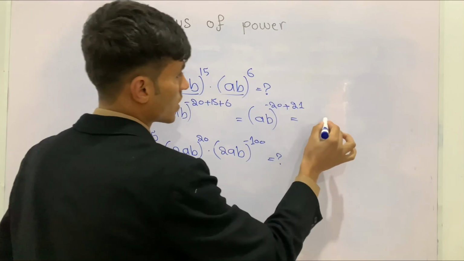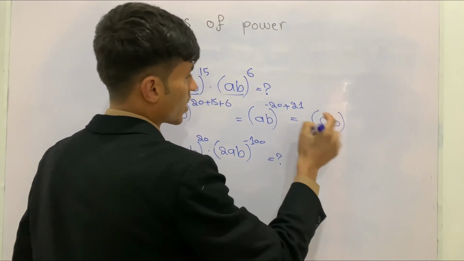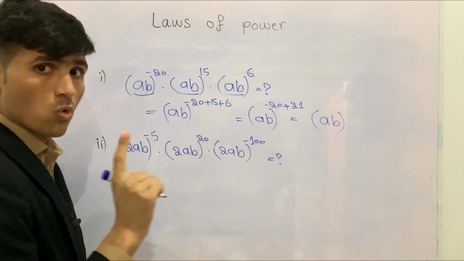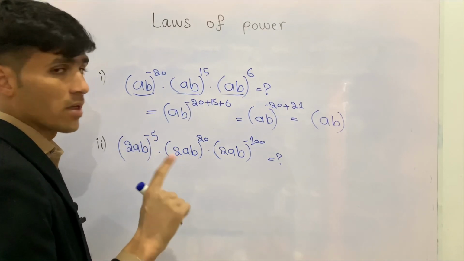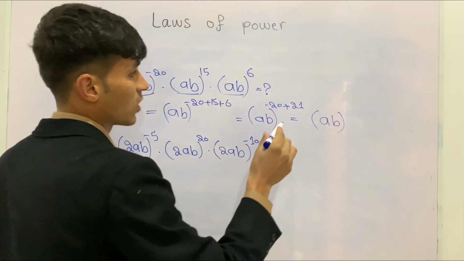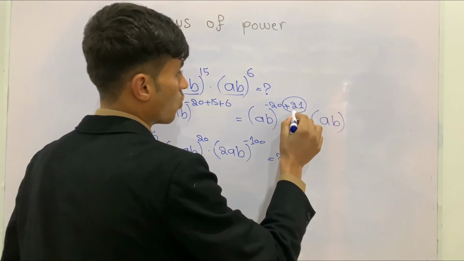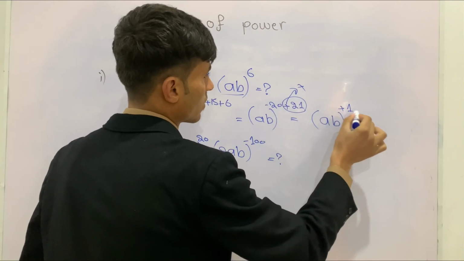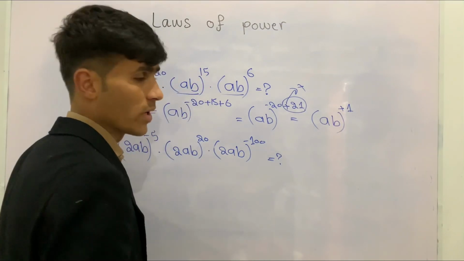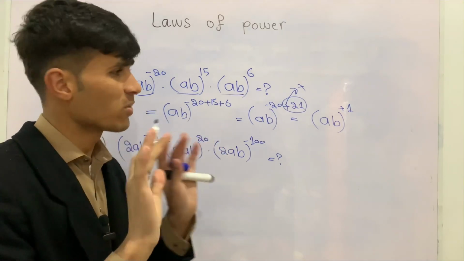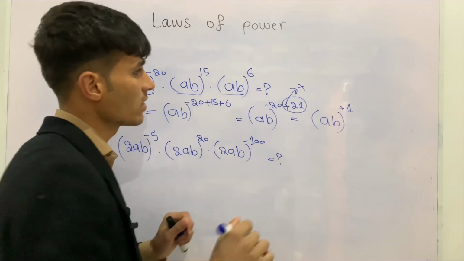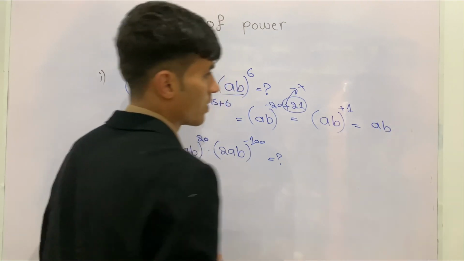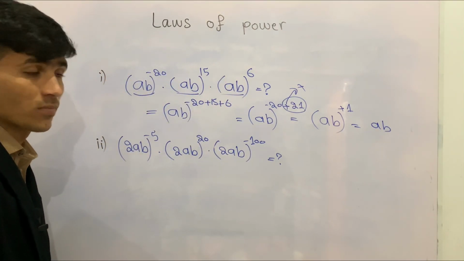So it equals AB to the power 21 minus 20, which becomes 1. We're taking the sign of the greater number, which is 21, which is positive. Positive 1. Of course, it is fully, completely simplified. The answer is AB whole to the power 1, which becomes AB. This is our final answer.